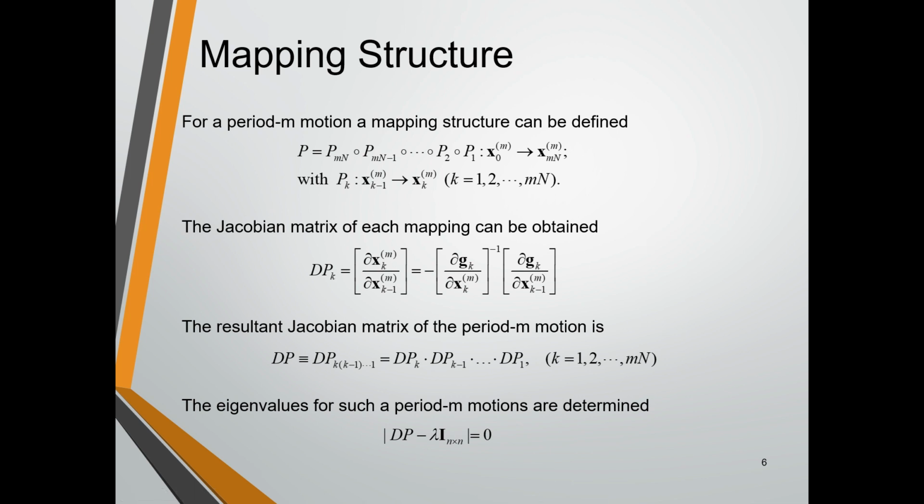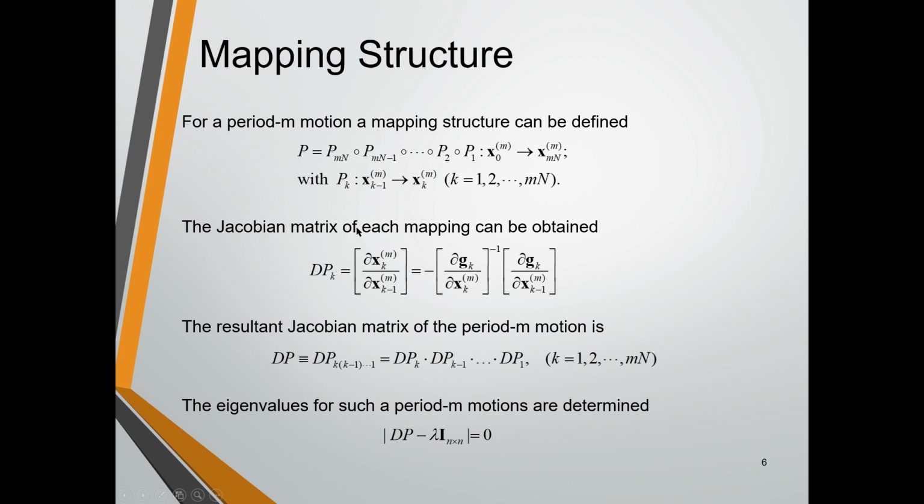So with such an idea, a mapping structure can be constructed for period m motions, as shown in this equation, with mapping action from Pmn all the way to P1.